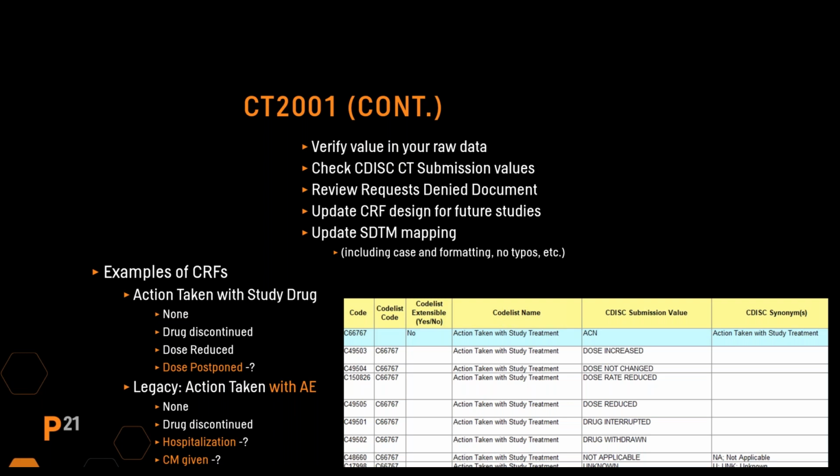So for this case, it was determined to map action taken to dose postponed, even though it was a non-extensible code list. The reasoning for this was that it was only a warning and not a reject. So since it was a warning and we needed to map it to dose postponed, we did so. And then in our reviewer's guide, we would provide a clear and rational explanation as to why we chose to map to dose postponed.